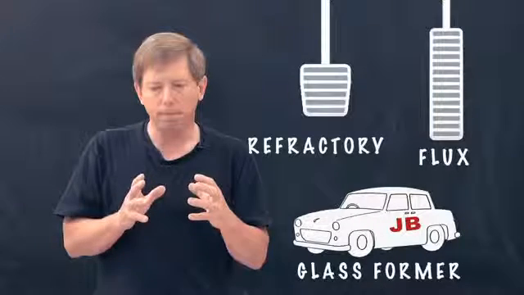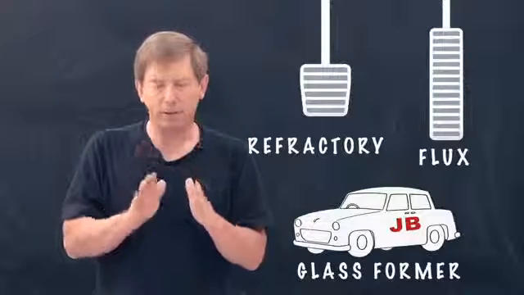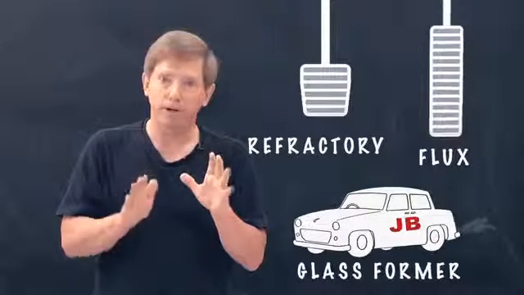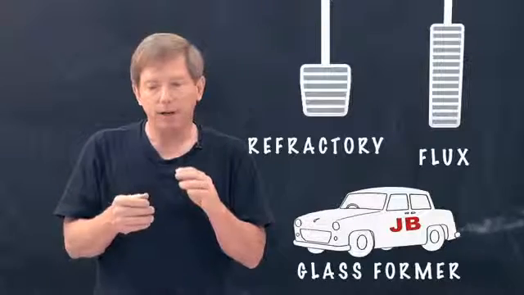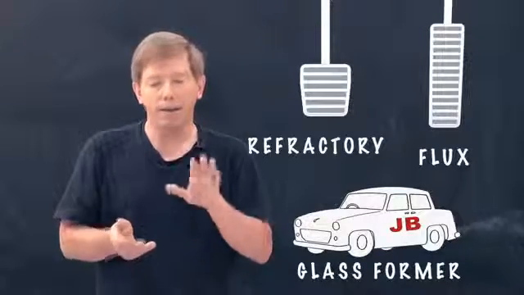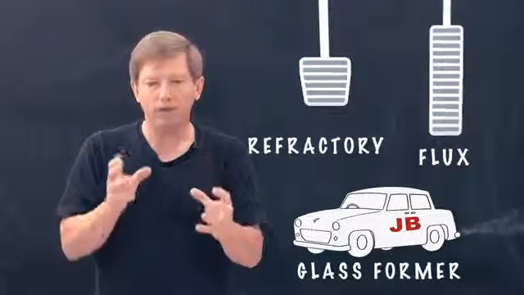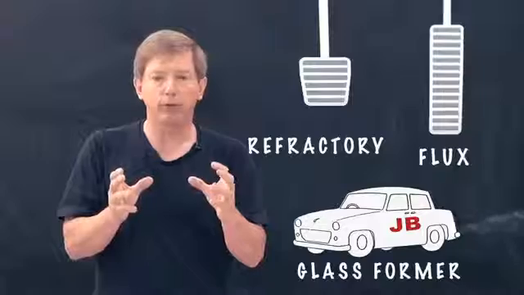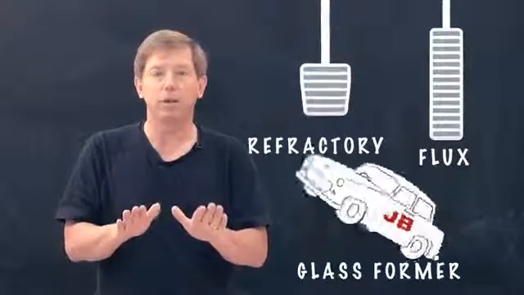So in order for me to get a glaze to melt, I have to add more flux, press on the gas. That'll make my glass former melt more. If it starts running off the pot, then I need to hit the brake, which is the refractory. So I can go back and forth just with flux and refractory in reference to my glass former and make a glaze melt at any temperature I want.